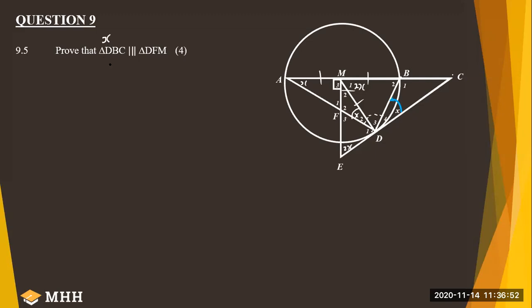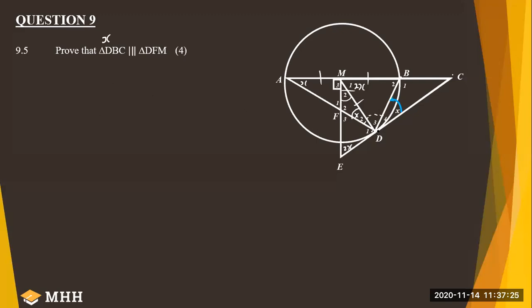So I like to do it like that. I already have DBC and I already have that one as an X. DFM. That one was 90 degrees minus X. Okay, so it's not that simple. So let's see.